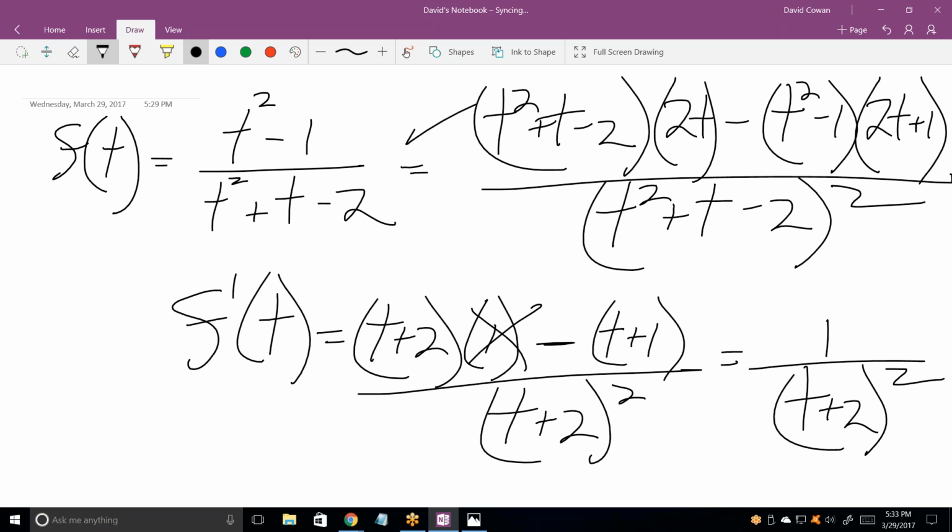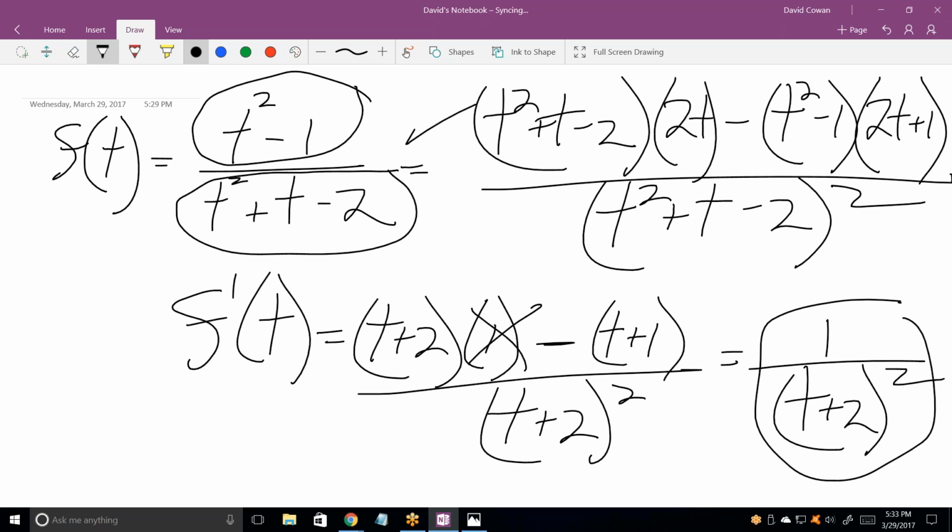But finding a factor in the numerator that was also a factor in the denominator, that let me cancel it, simplified everything so much that it really made taking the derivative a lot easier. So always look for that, particularly when you see something that looks like there could easily be a common factor.